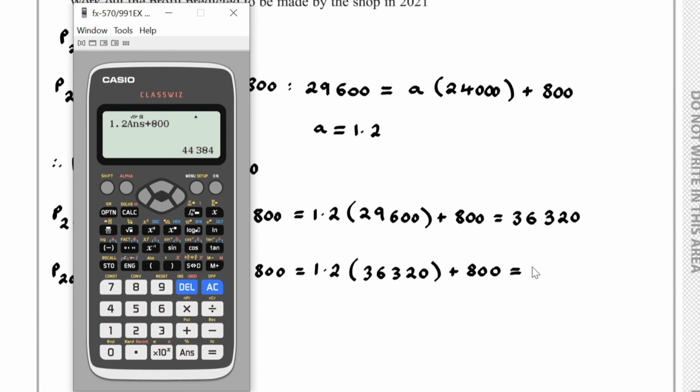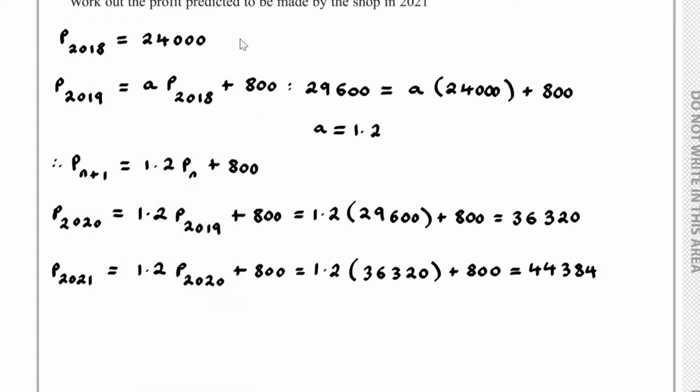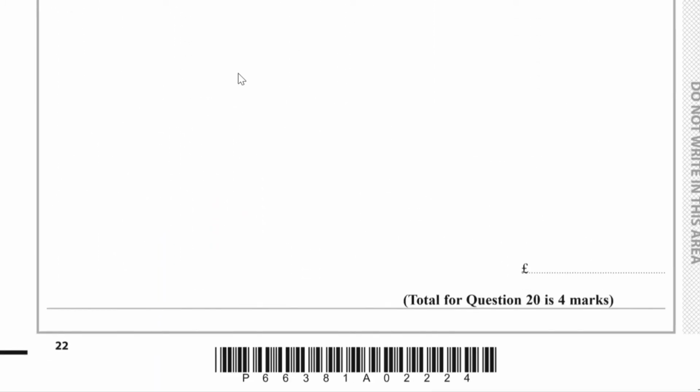And it turns out we have 44,384. So that is the profit. We have 44,384.